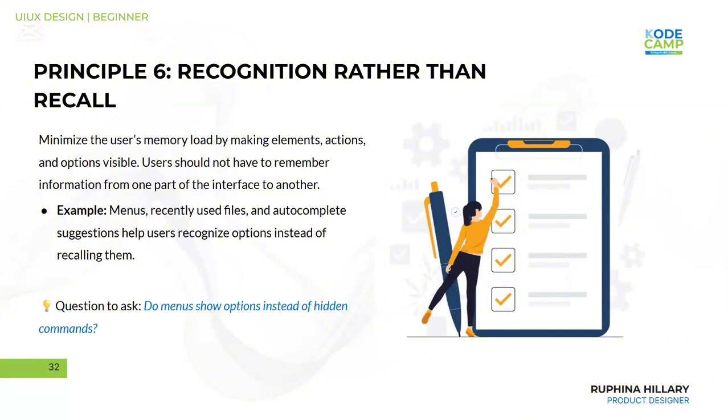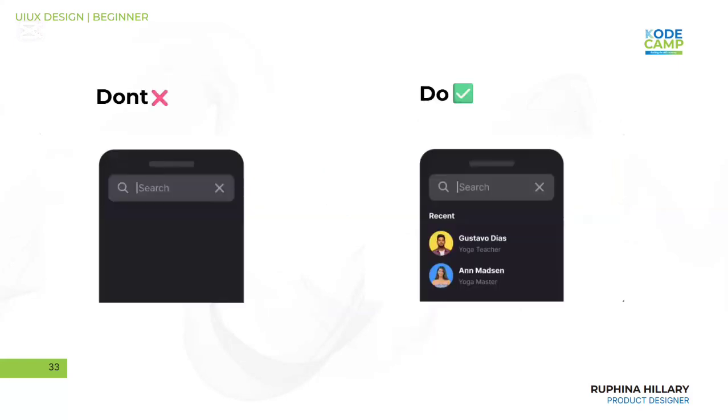This is just one question you should be asking yourself. There are other questions, such as: are we asking our users to recall things, or are we asking them to recognize things? It's our job as UI UX designers to make things as easy as possible for users, so we should try as much as possible to minimize their memory load. That's for the sixth principle.